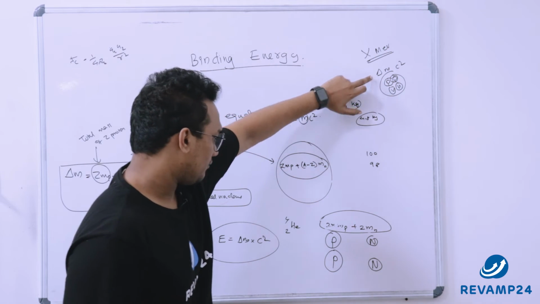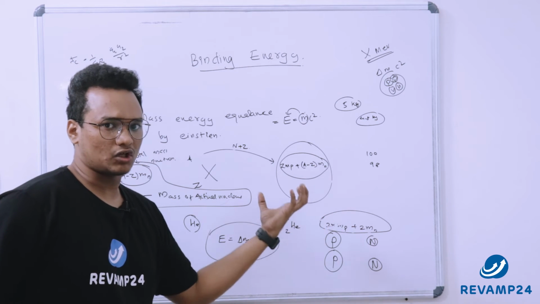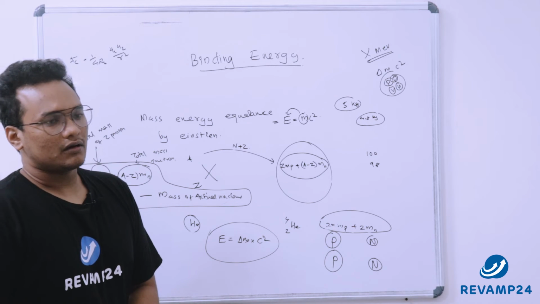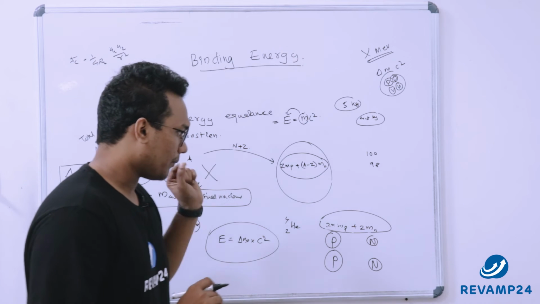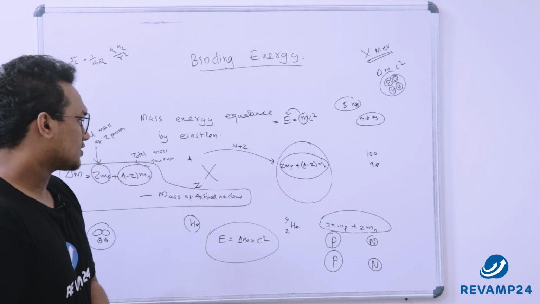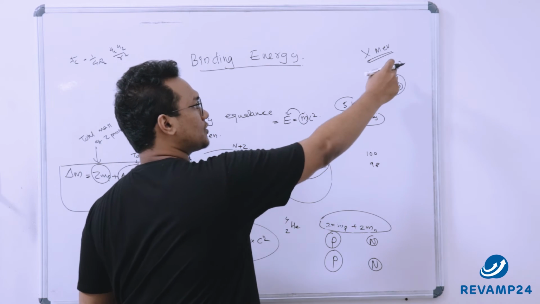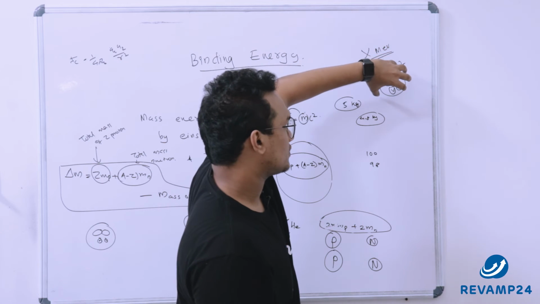And what is delta m? Delta m is 2 times m_p plus 2 times m_n, which gives the total mass due to the individual protons and neutrons inside the nucleus, minus the actual mass of the nucleus. That gives the mass defect delta m.